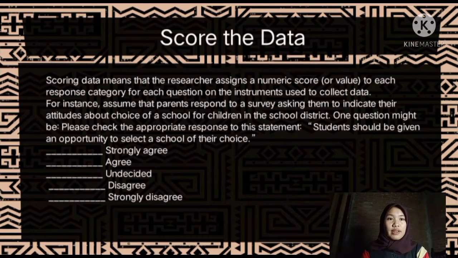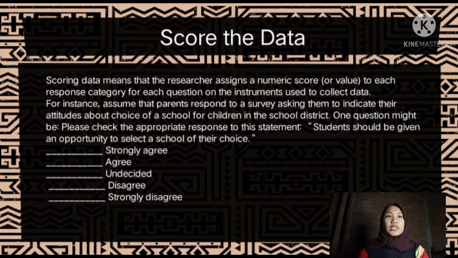Score the data. Scoring data means that the researcher assigns a numeric score to each response category for each question on the instruments used to collect data. For instance, assume parents respond to a survey asking them to indicate their attitude about choice of schools in the school district.